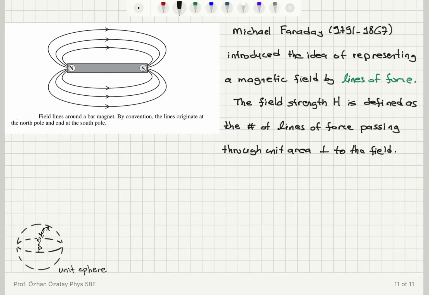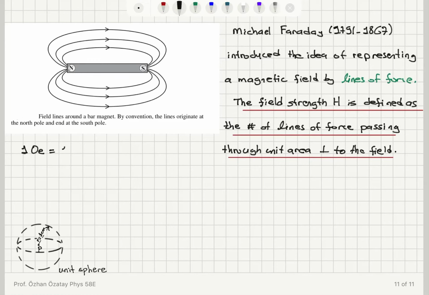So with this definition, we have 1 Ørsted, the unit field strength in the CGS system, equal to 1 line of force passing through an area of 1 centimeter square perpendicular to it.